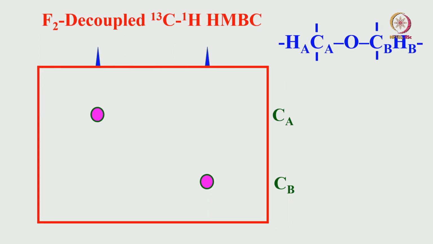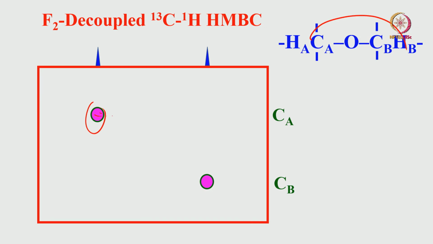The same thing if I do the decoupling, what happens? I told you, HMBC is always recorded in a coupled mode. We don't decouple it. Even if you want to do the decoupling, you simply break the 3 bond carbon proton coupling. So it is going to be a singlet.